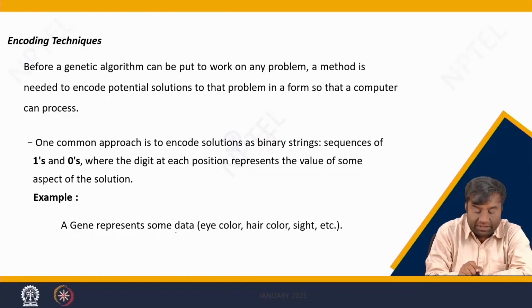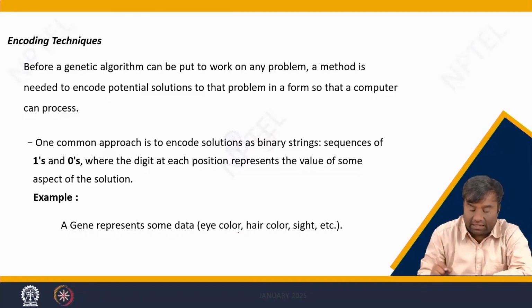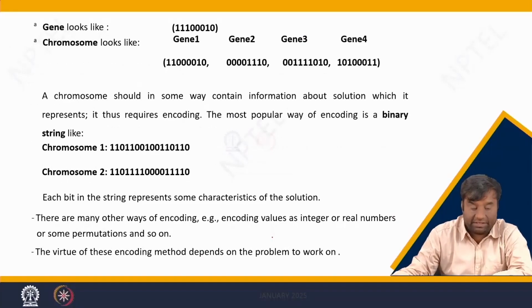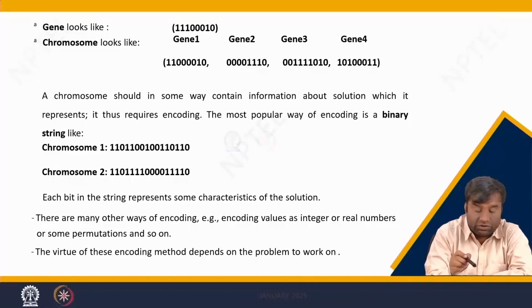For example, a gene represents some data, such as eye color, hair color, sight, etc. So a gene looks like 1 1 1 0 1 0, and a chromosome is the combination of gene 1, gene 2, gene 3, gene 4.